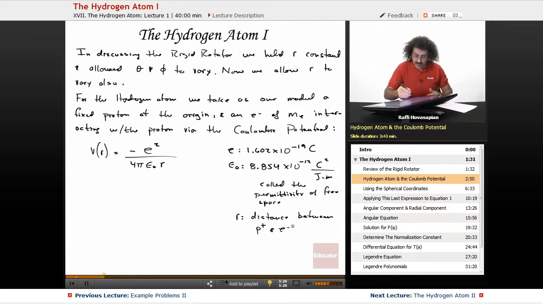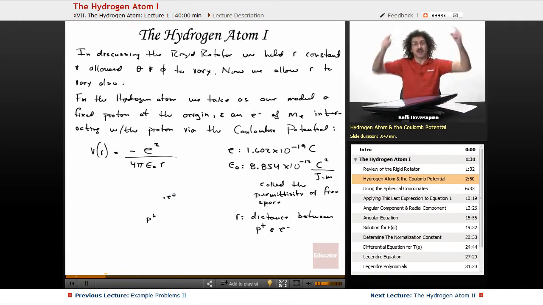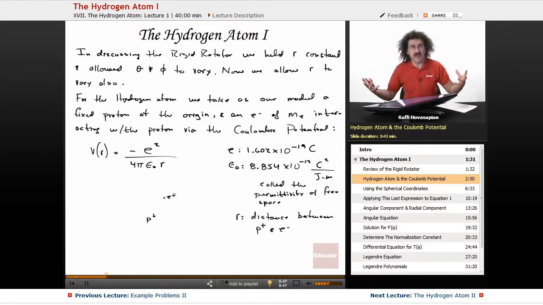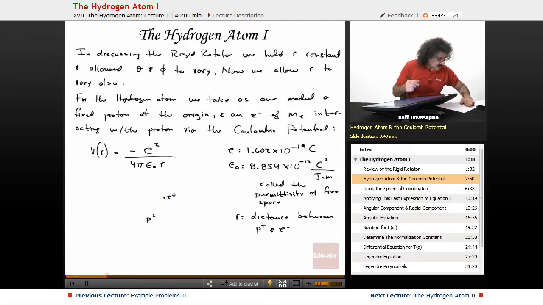So basically you just have this proton here in the center, and you have this electron, you already know this, that's moving around all over. Not necessarily in circular orbits, but now it's moving around this way, it's getting close, it's getting far, it can be anywhere. Okay, so let's see what we've got.